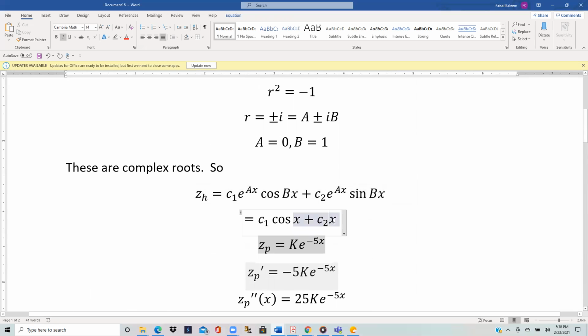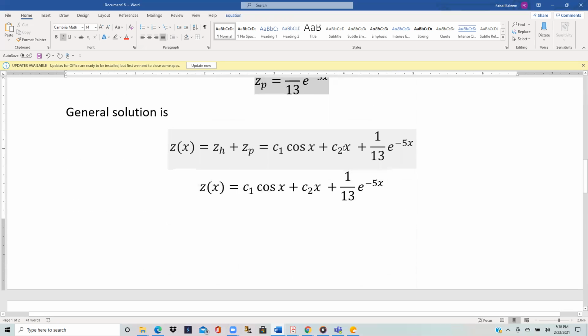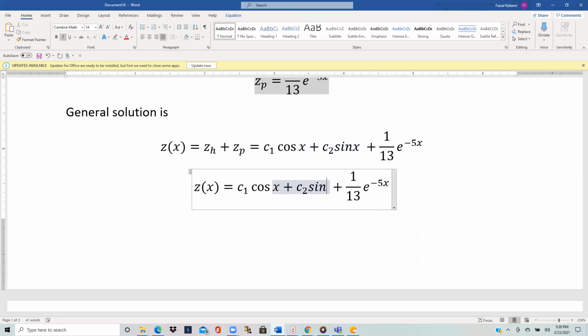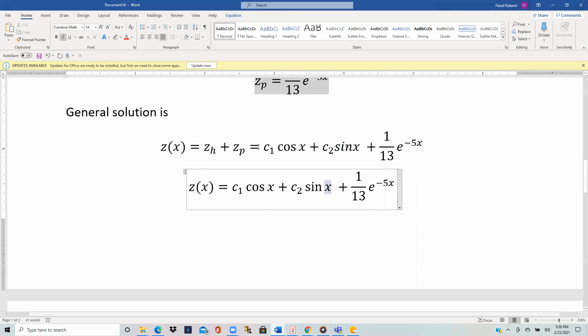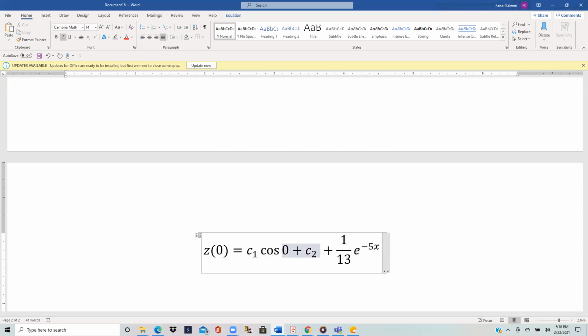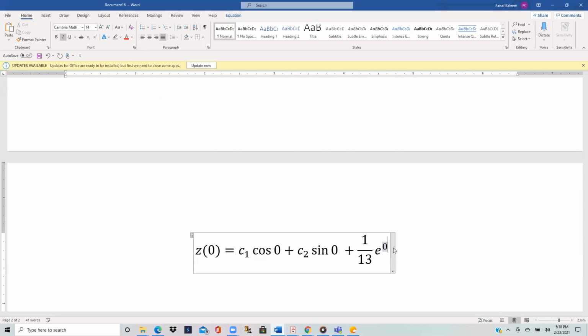This was c2 sin x all along, and similarly here it was c2 sin x. So Z of 0 is c1 cos 0 plus c2 sin 0 plus 1 over 13 e to the 0, and Z of 0 was equal to 0.